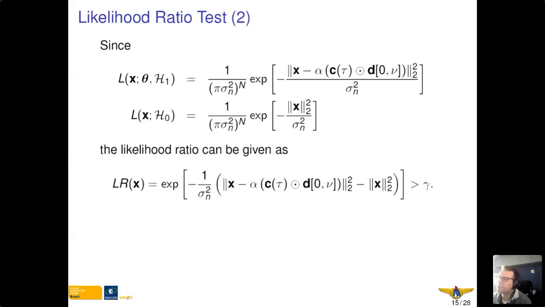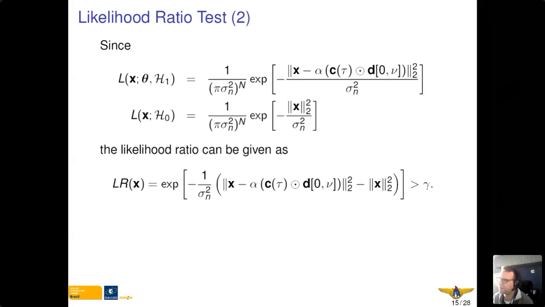The likelihood ratio is very simple to calculate, right? The term 1 over pi sigma_n squared to the power of n disappears. We have two exponential functions, one in the numerator and one in the denominator, and then we get to this formulation, and this needs to be above the threshold.